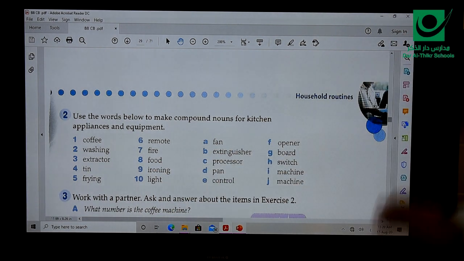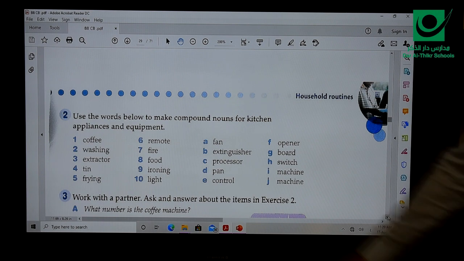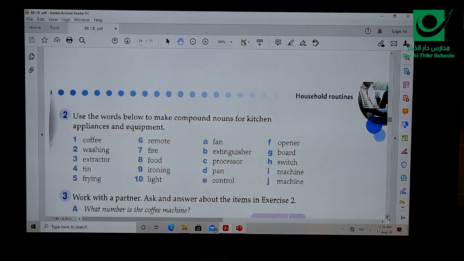Food. The machine which helps us while cooking is called food processor. Food processor. When you want to iron your clothes, you may use an ironing board. Yes, an ironing board, or some people say ironing table.